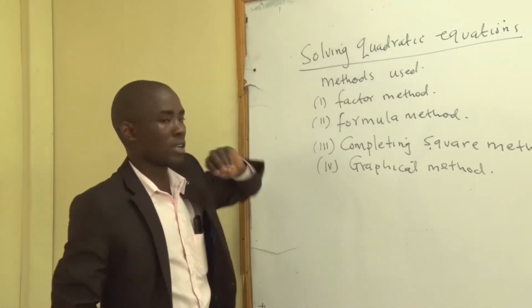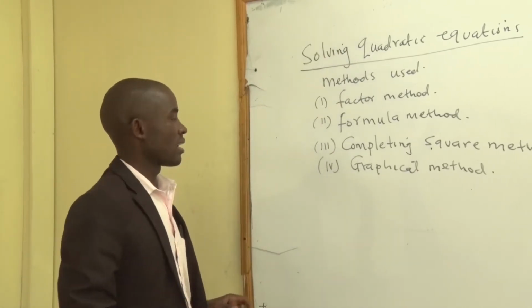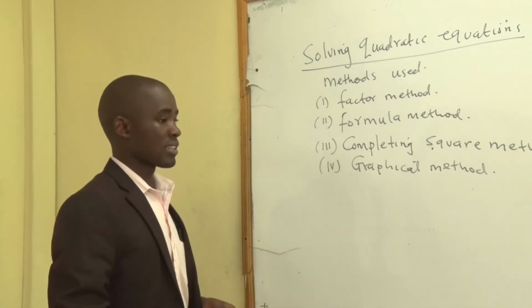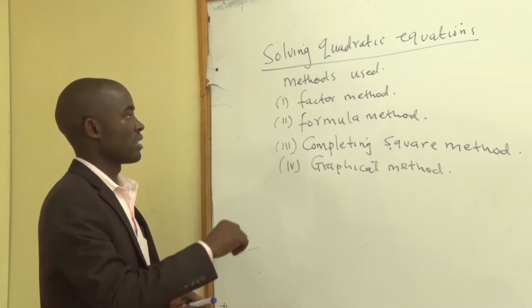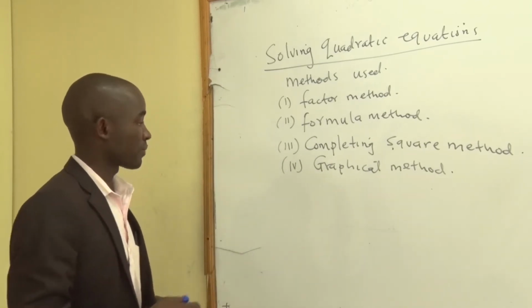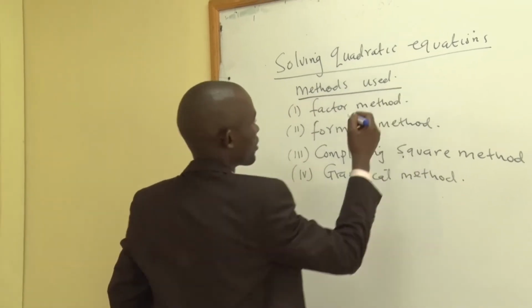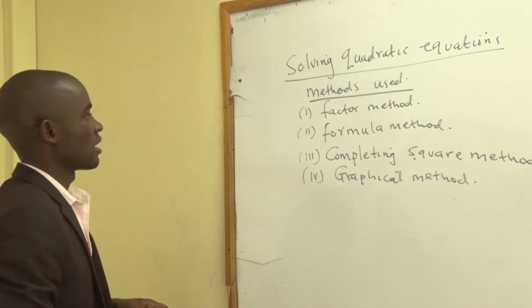When we talk about a quadratic equation, we mean that the variable has power 2 as the highest power. That expression or equation should have power 2 as the highest power for it to qualify as a quadratic equation.